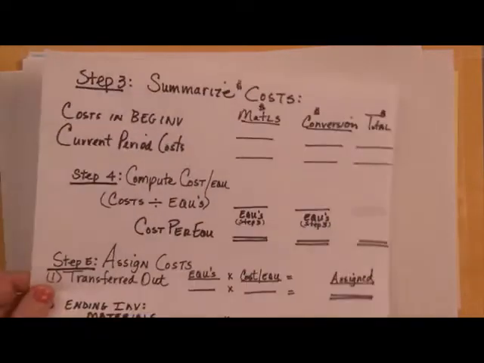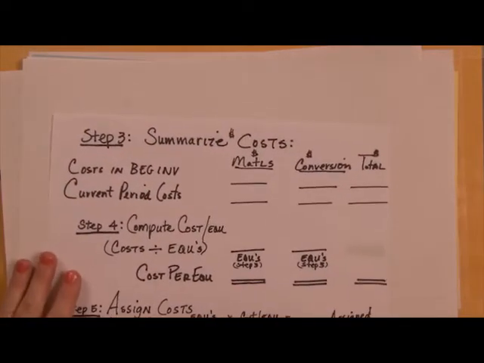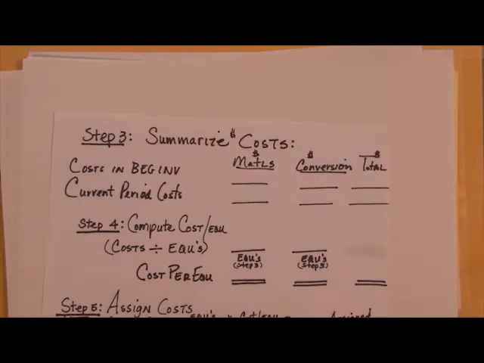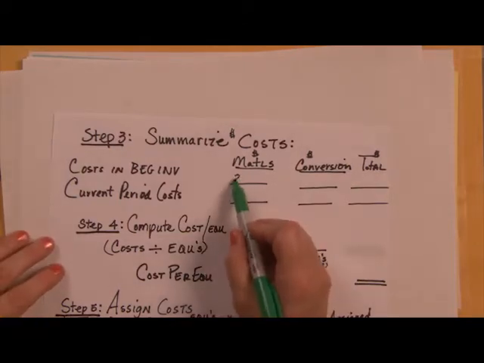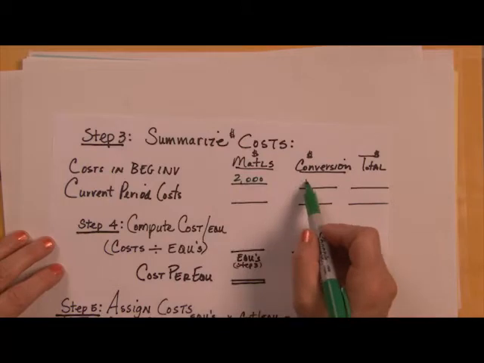Let's go ahead now. Let's take a look at step 3. In step 3, we're just trying to figure out how many costs we're going to need to be assigning. So we have costs that are in the beginning work in process.